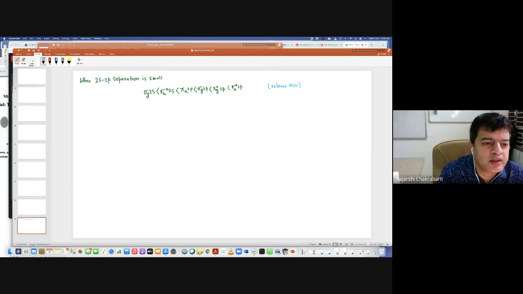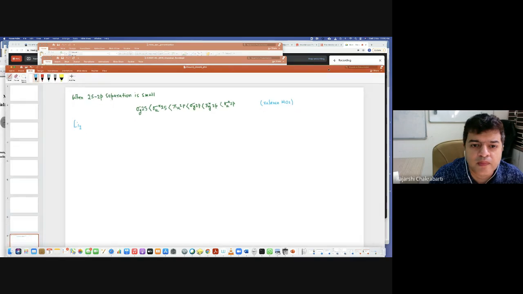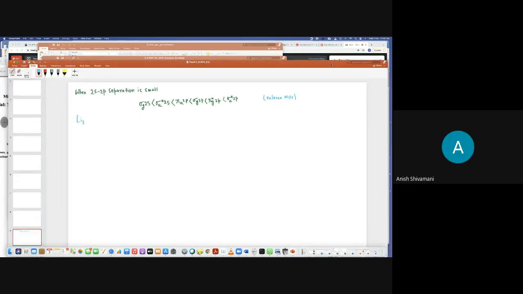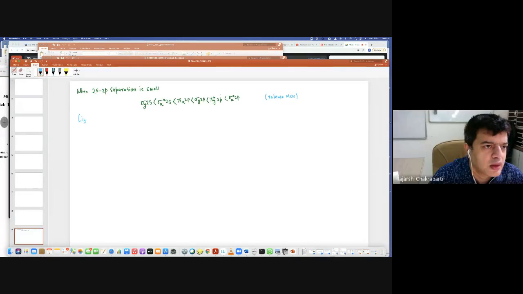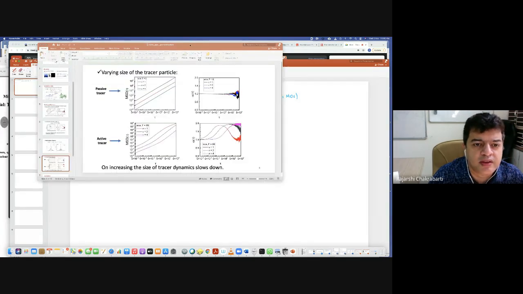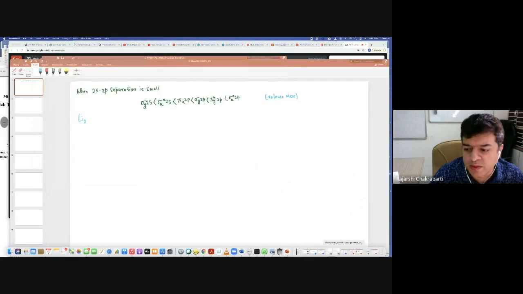Now tell me, if it is lithium 2, how many electrons are there in lithium 2? Before that, why is sigma g 2p higher in energy than pi u 2p? Let me go back to the previous slide.